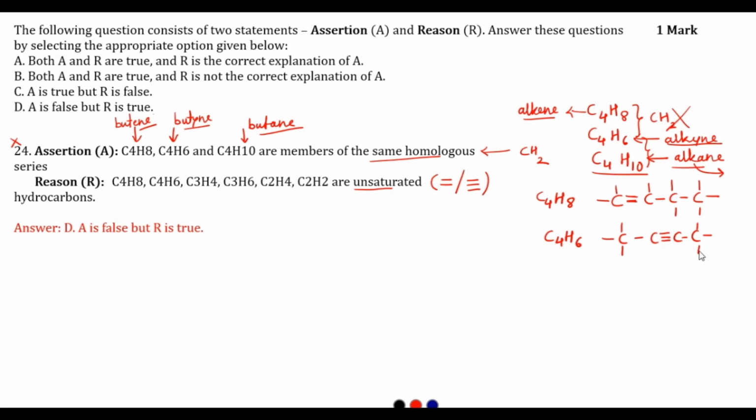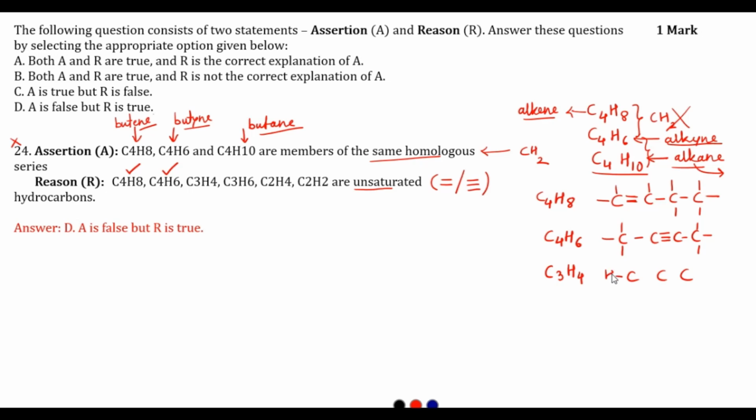Now let me see if the carbon valence is balanced or not. This carbon has 4 bonds, this carbon has 4 bonds, this carbon has 4 bonds, this is also having 4 bonds. This is having a triple bond, so this is also unsaturated. Now come to this C3H4. Let me draw it here. C3 I will take and H I should take only 4.